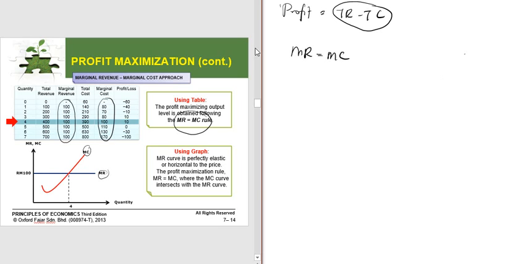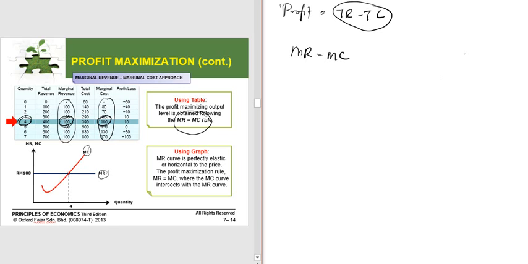Okay, so you notice that your marginal revenue and marginal cost are equal when you produce 4 units of the product, or when you sell 4 units of the product. So you see marginal revenue here equals your marginal cost at 100 ringgit.